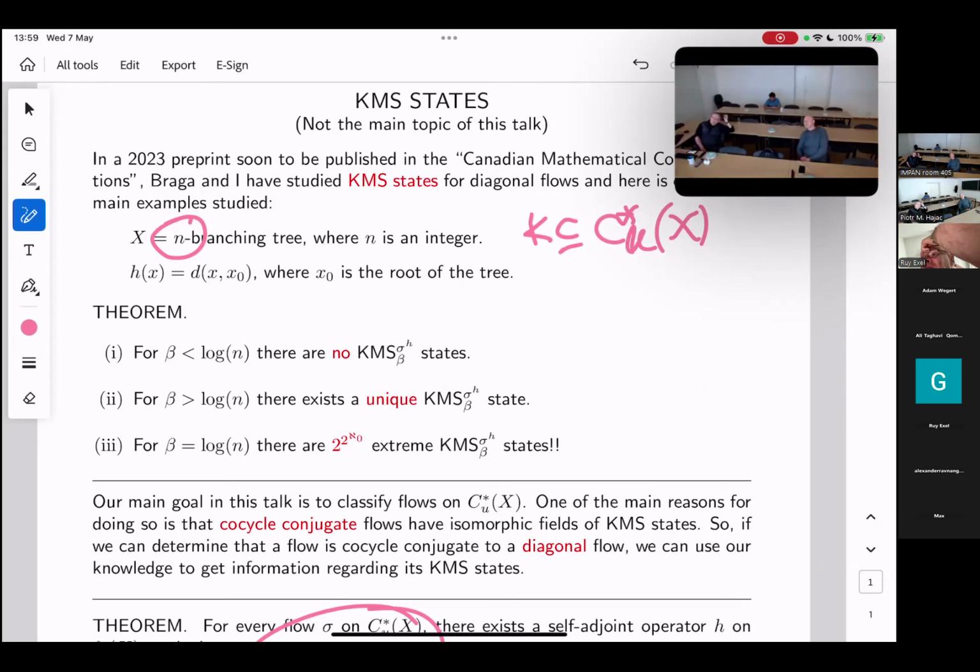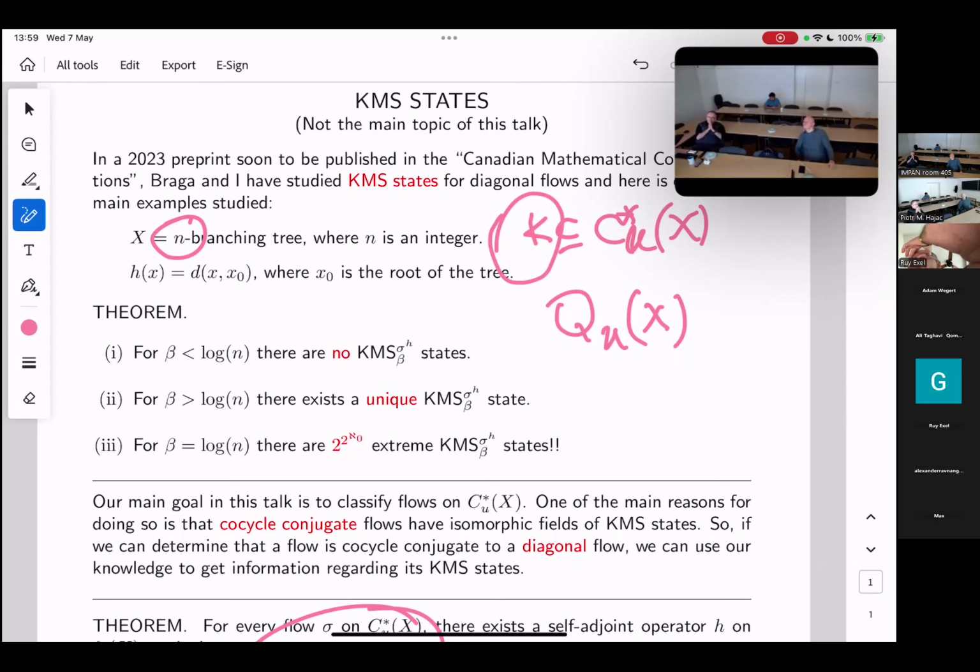So there is another algebra which is also important to look at, which is the quotient. It's a version of the Calkin algebra for the Rho algebra. The Gibbs states, since they are strongly continuous, are all supported on the compact operators.